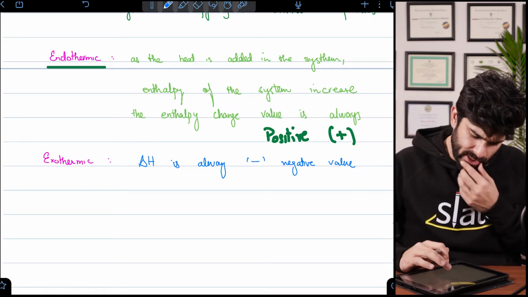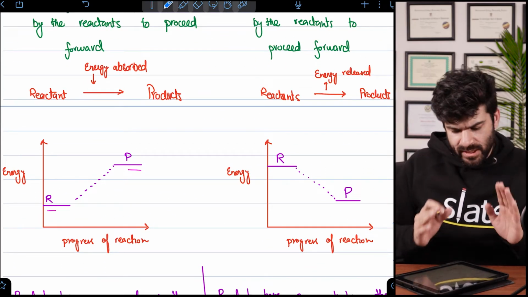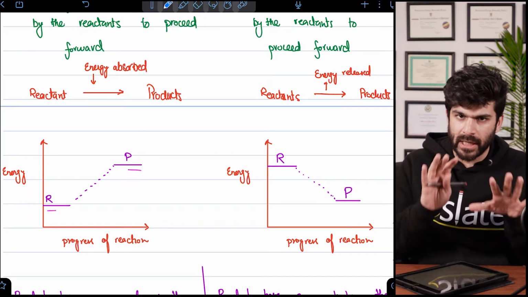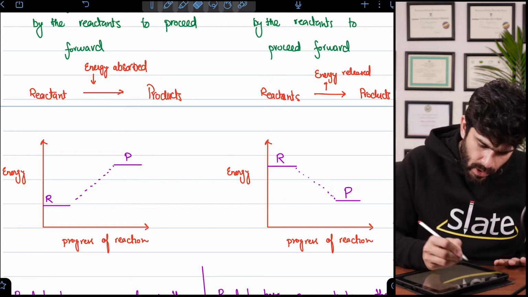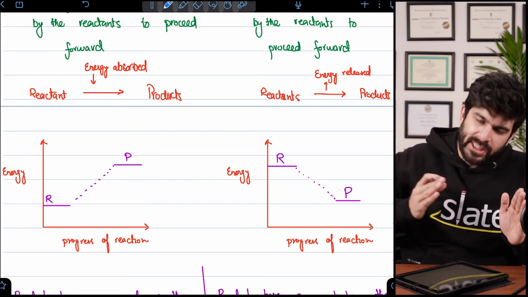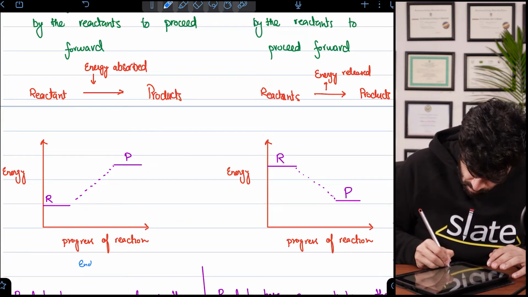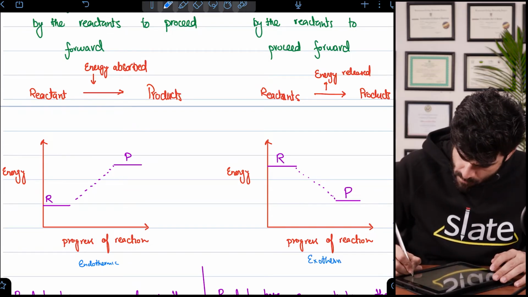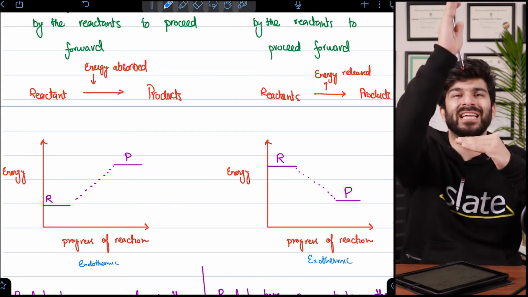So let's look at this diagram. Now in this case, as I said, we'll be adding more things in this particular diagram. Since the energy is increasing, this is the endo, and this is exothermic. And as I said, in the case of endothermic, energy of the system is increasing.